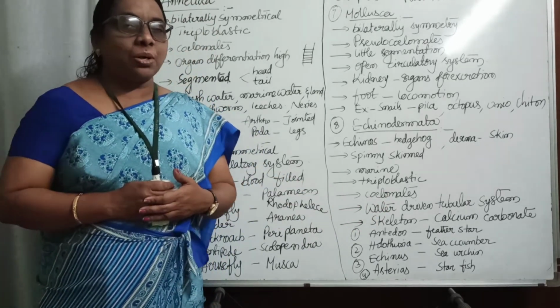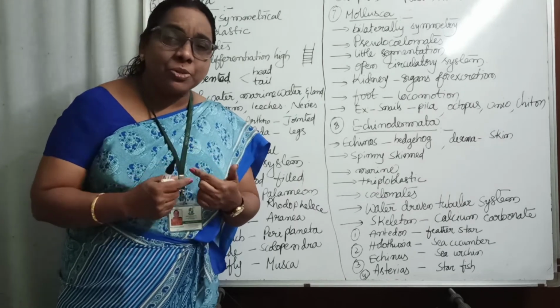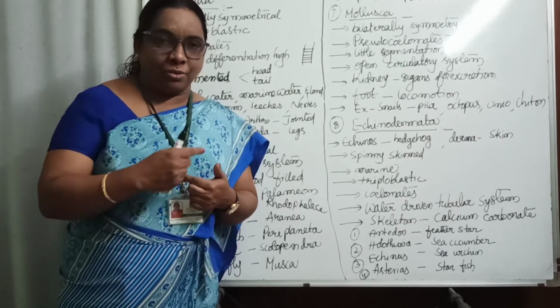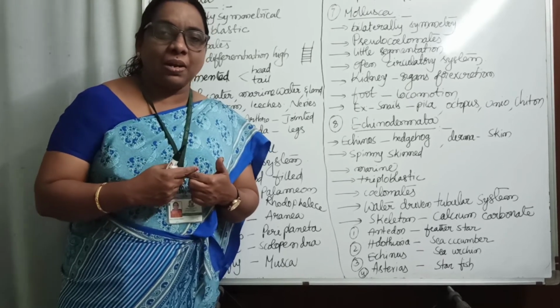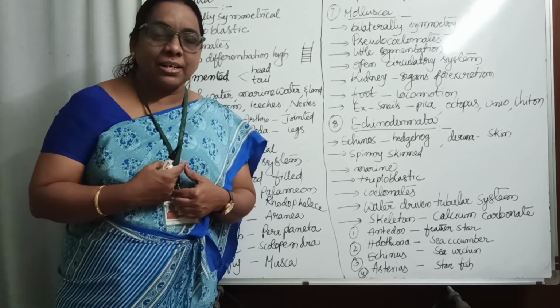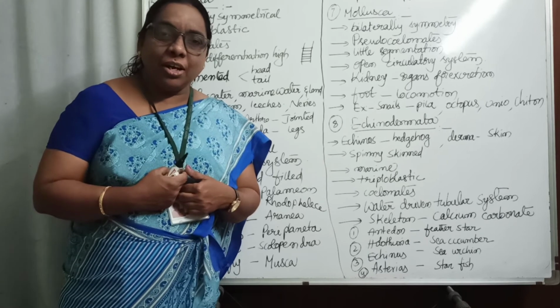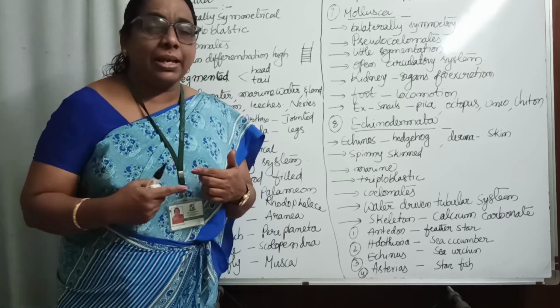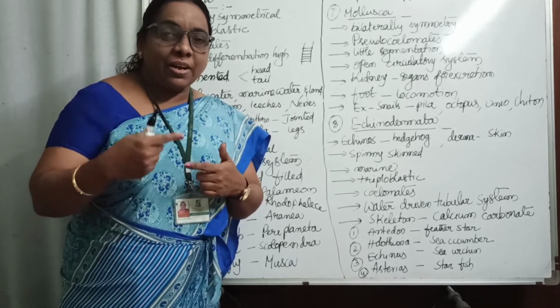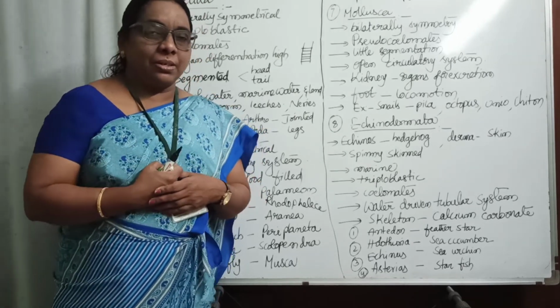What is the use of this system? It helps the water to move around. You studied that whenever water moves around, food goes inside, as well as oxygen. That's the reason these organisms keep water driven around them.